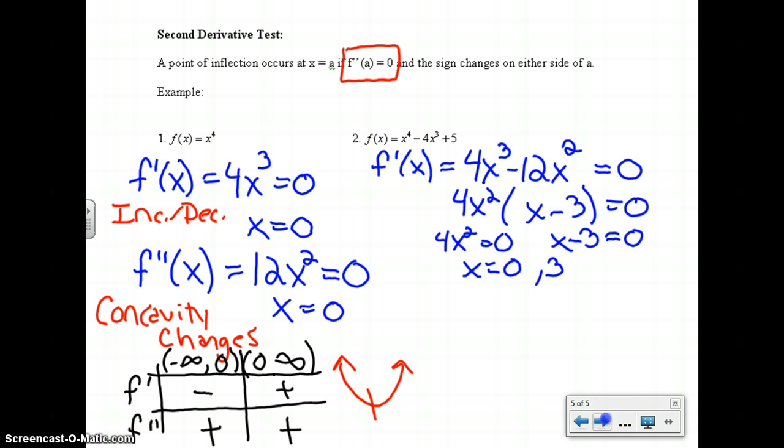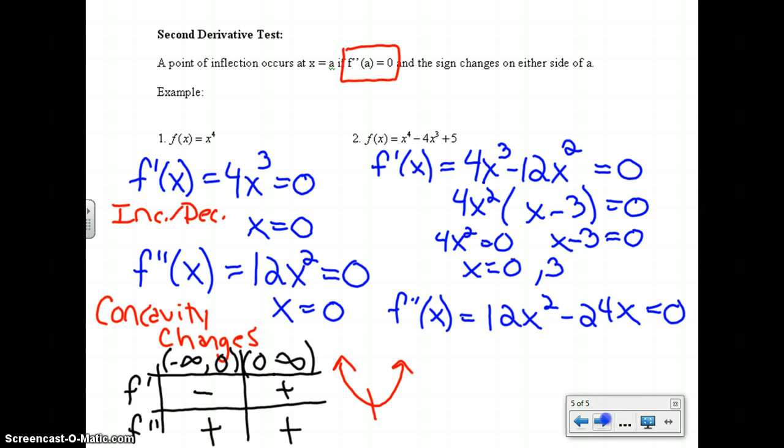My second derivative test tells me my second derivative is going to be 12x squared minus 24x, and I'm going to set that equal to 0 to check for changes in concavity.